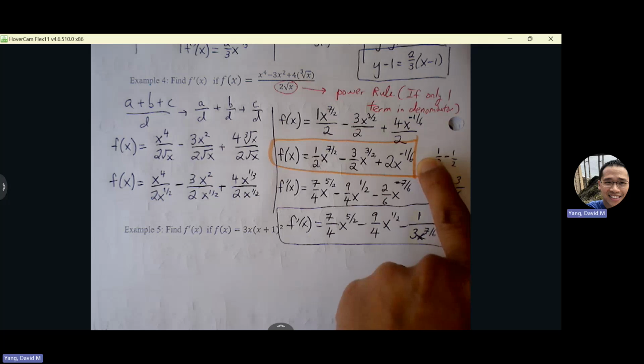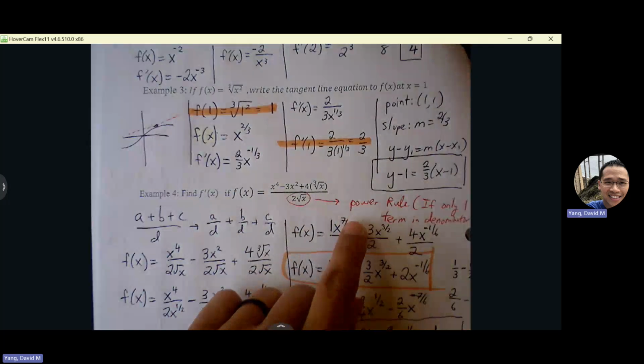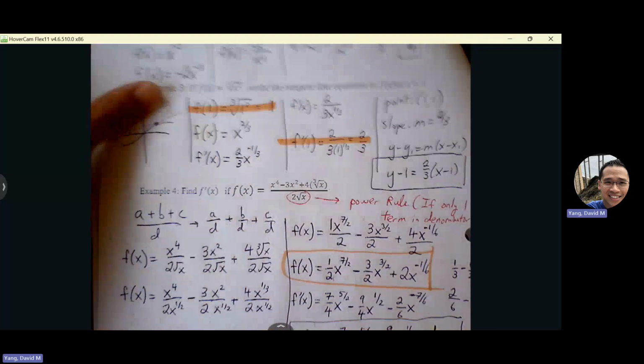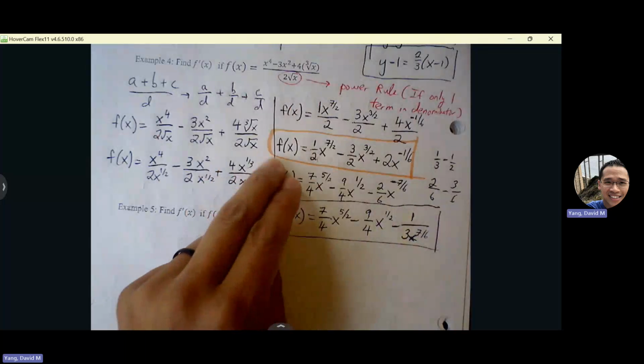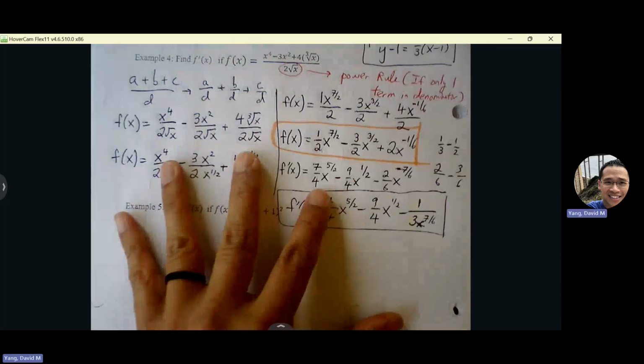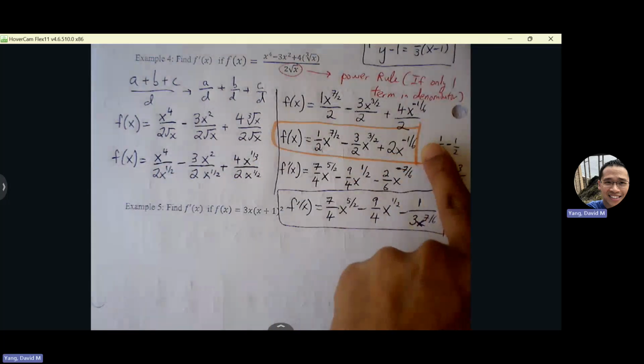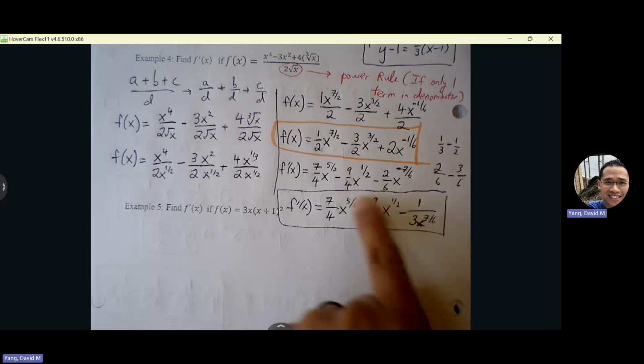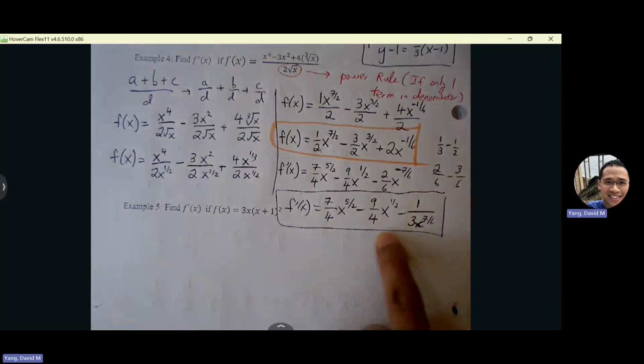All you've done is algebraic cleanup. The calculus comes from power rule, where you're bringing the exponent down and subtracting 1 from the exponent. So just make sure you know where you are in the problem. Sometimes students lose track of where they are, and they feel like they've done so much work, and they just leave their answer in this form rather than taking that one final step with power rule.